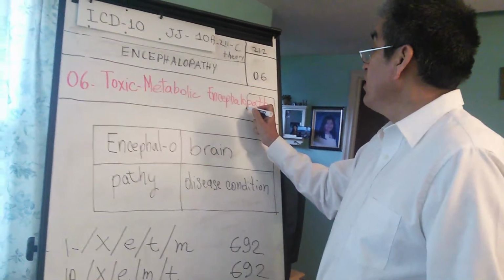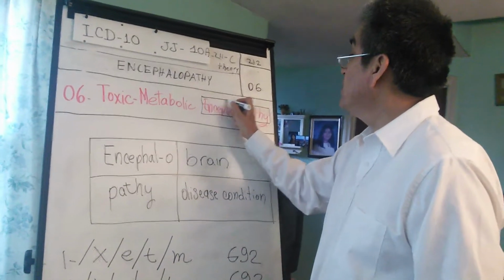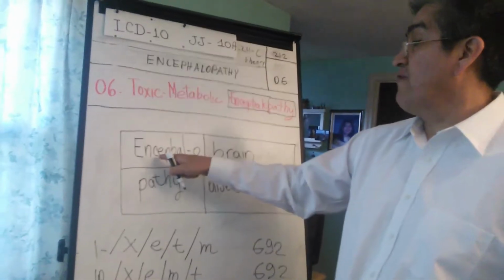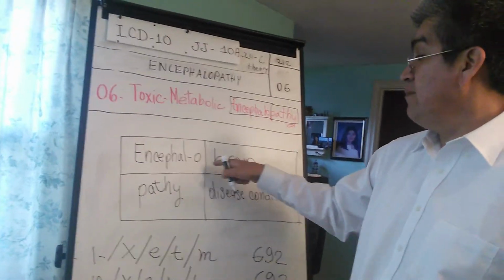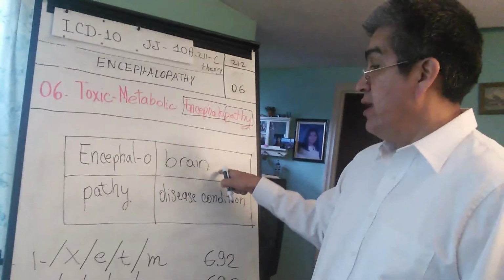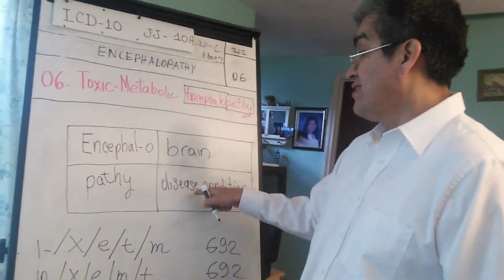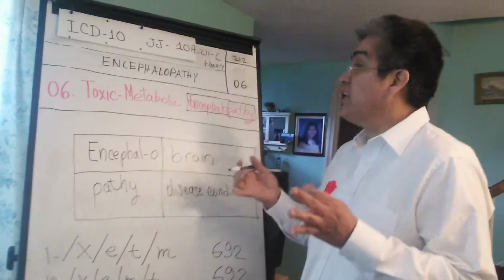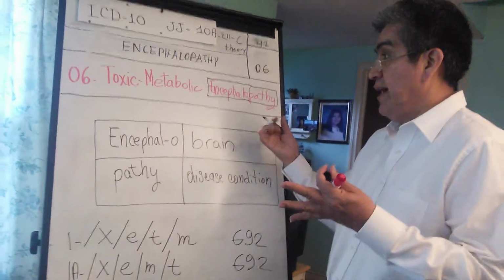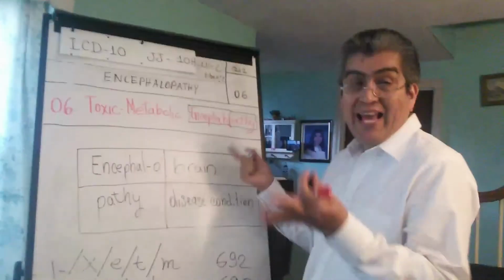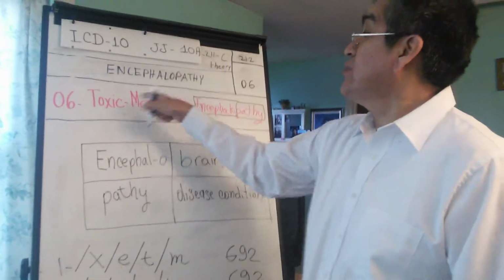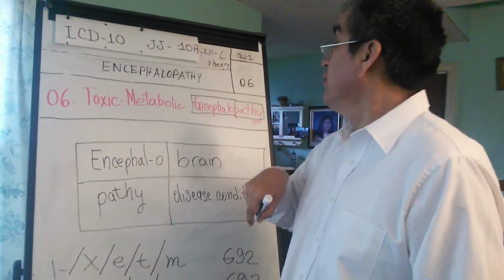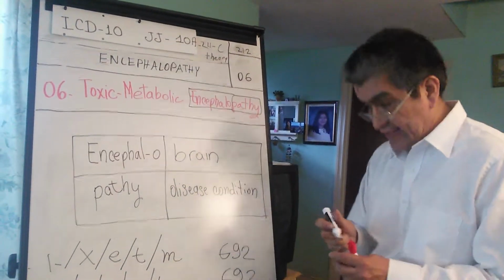And encephalo means brain. We have put a table here just to emphasize. Encephalo means brain. And pathy means disease condition. This word means that the brain is in a state of a disease condition, right? And now what kind of disease, these two words will explain to you, toxic and metabolic, right? That's the disease that the brain has.